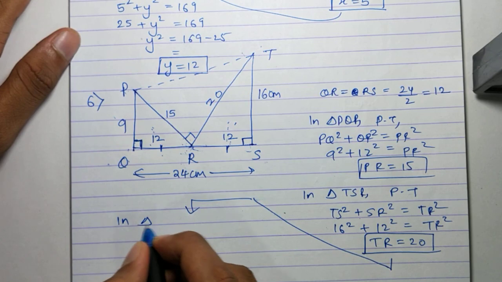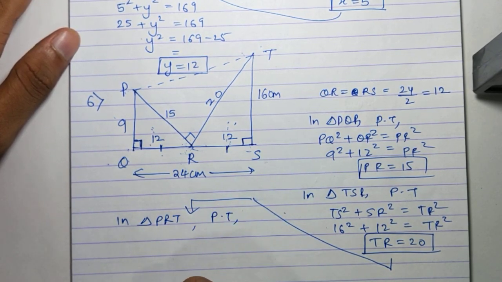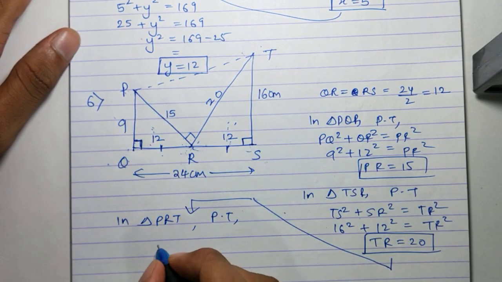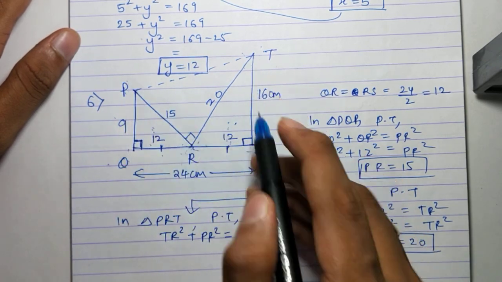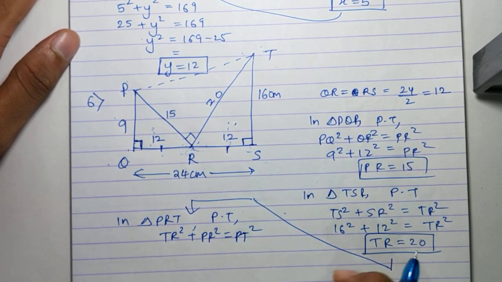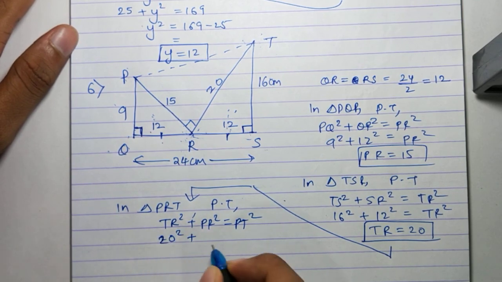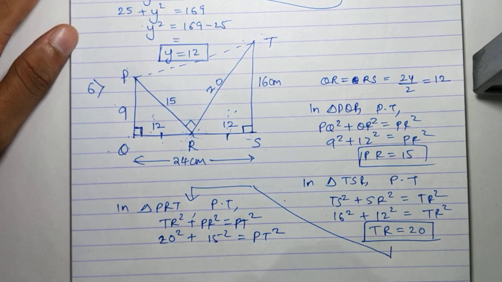So in triangle PRT, using Pythagoras theorem, TR square plus PR square equals PT square. TR is 20 square plus PR is 15 square equals PT square.